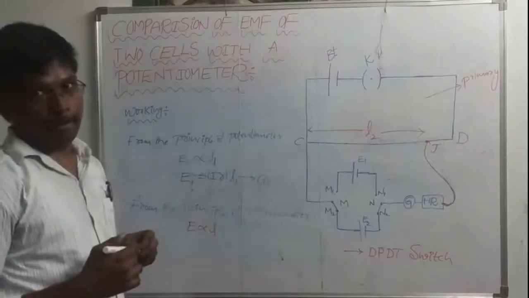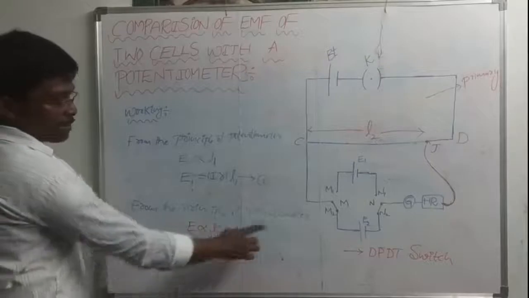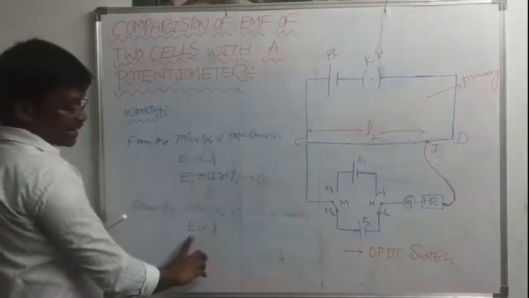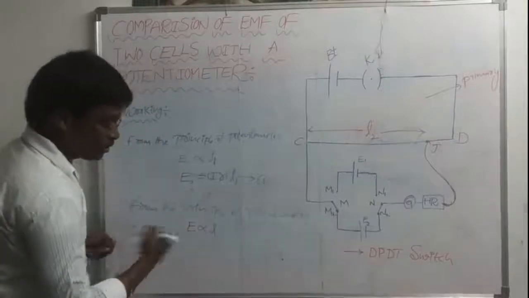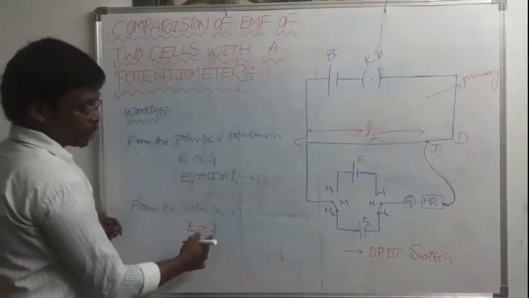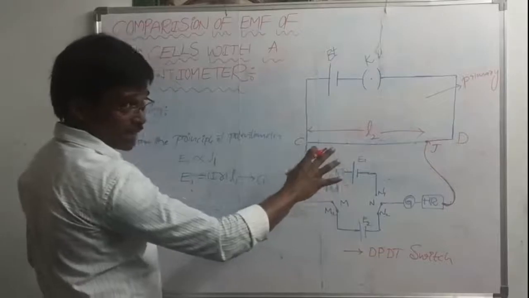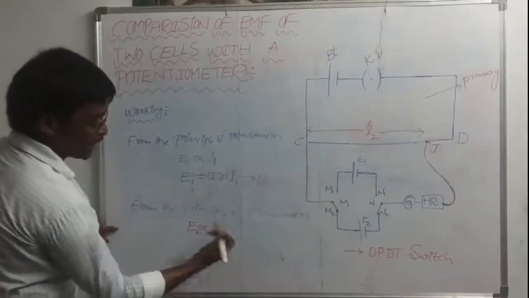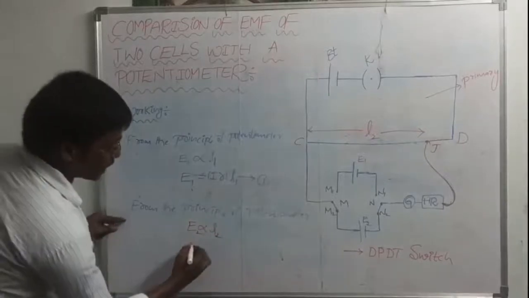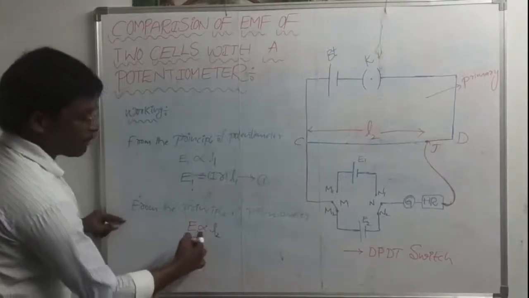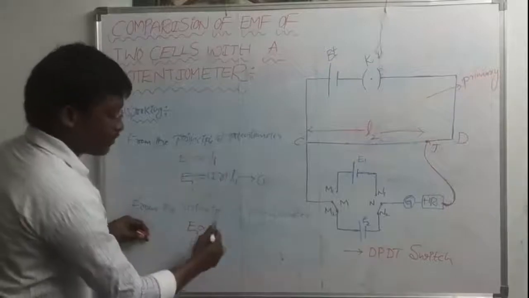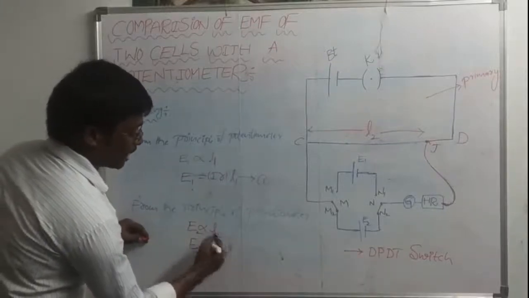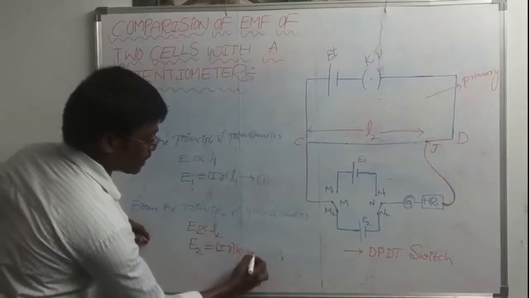In our circuit, E means E2, and the balancing length is L2. So E2 is directly proportional to L2. Converting to equal format, E2 equals I into R into L2. Give this equation number 2.